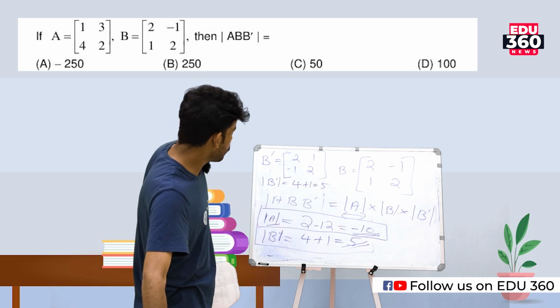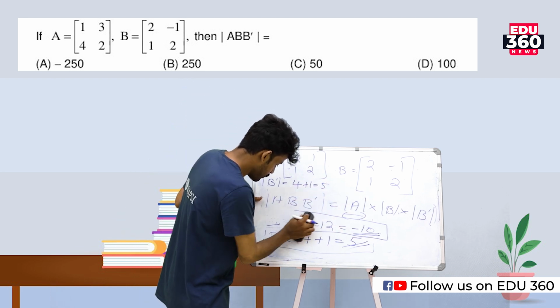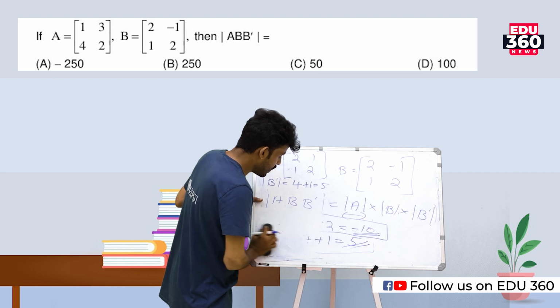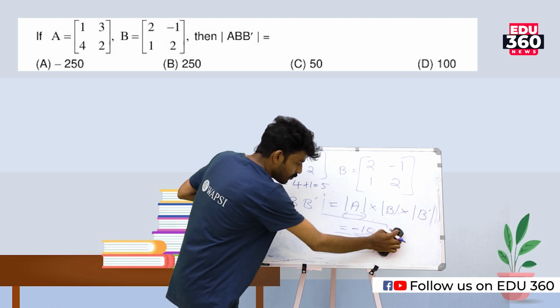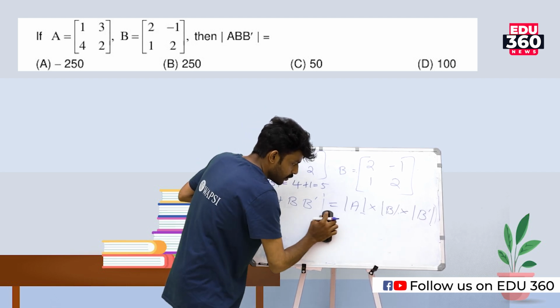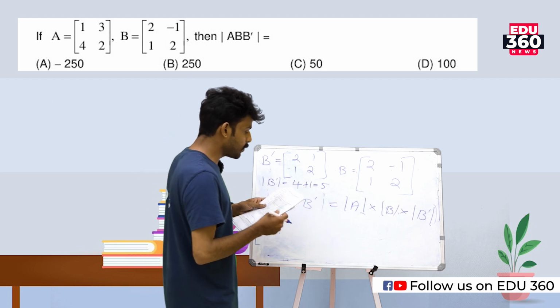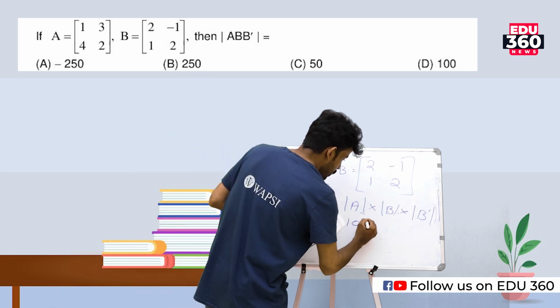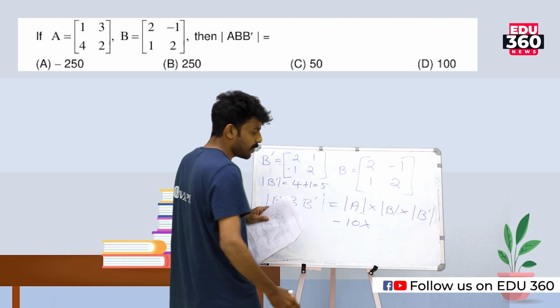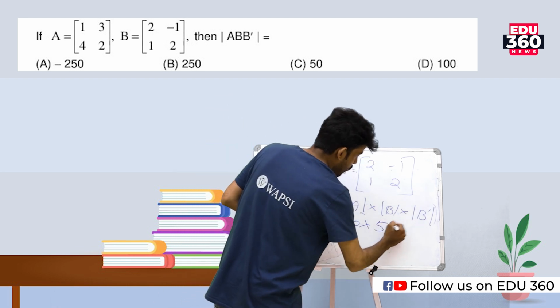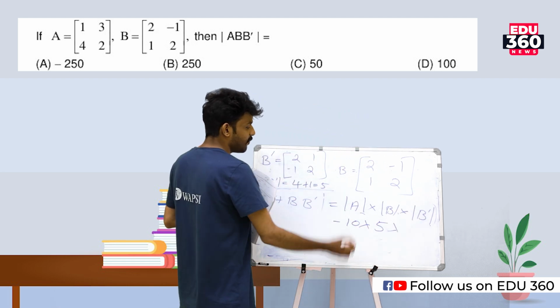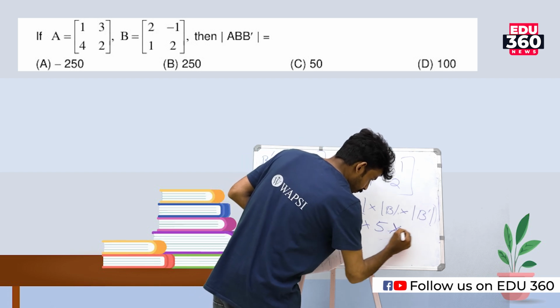So in the question, we need to find determinant of A, B, B dash. So just substitute the values here. So that is the final answer. For determinant A, we got minus 10, into determinant B, the value is 5, and determinant B dash, we got the value 5.